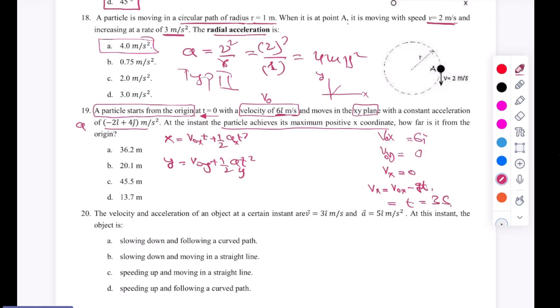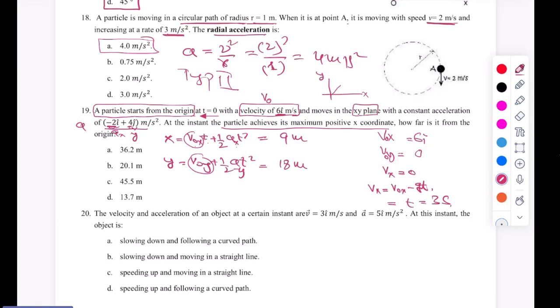Now we have t as 3 seconds, v naught y, ax, which is minus 2, and ay, which is 4. When we substitute into v naught x t plus 1 half a t squared, we get x equals 9 meters. This is the x displacement, and y is 18 meters.